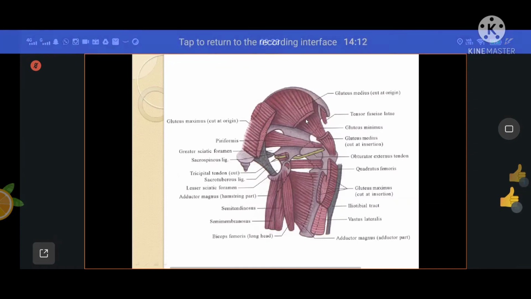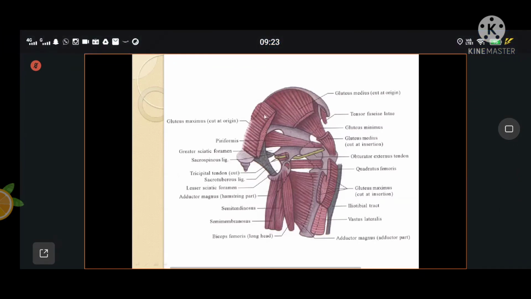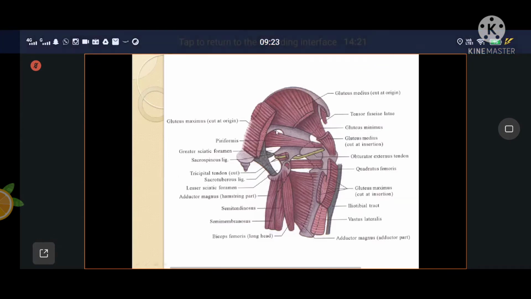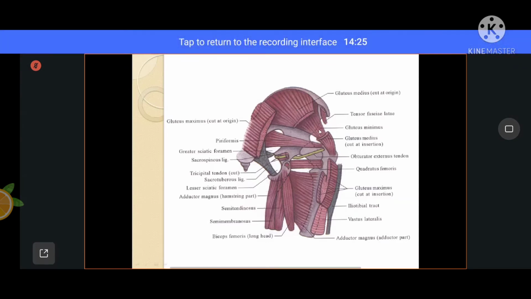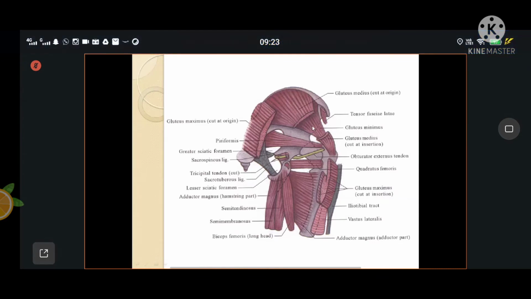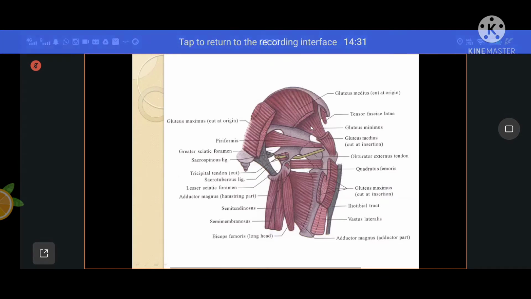Even the gluteus maximus has come as an essay question for you. Even gluteus medius and minimus have been asked in your previous questions, because you know that the gluteus medius and minimus both are attached to the greater trochanter. One is attached to the lateral surface of the greater trochanter. The gluteus minimus is attached to the anterior surface of the greater trochanter.